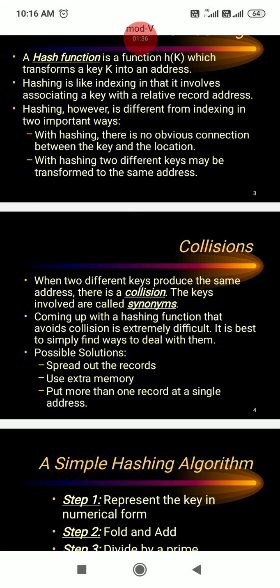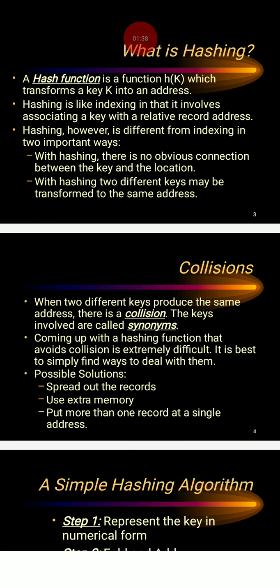Next, what happens when you are storing two records, both having the key element xyz? Both will generate the same address. That leads to a collision. We cannot avoid the collision, but we can reduce it. One is that we can spread out the records, so that they are stored in extra space and there is no collision.